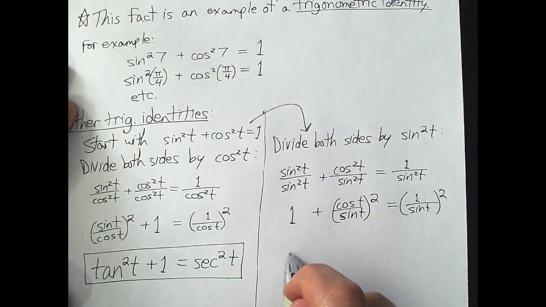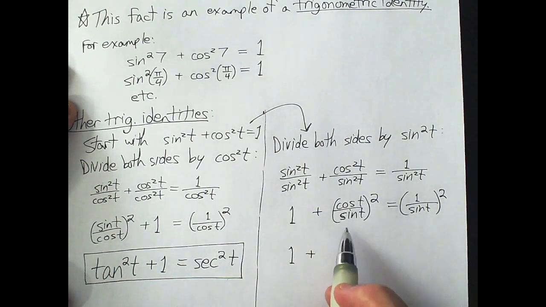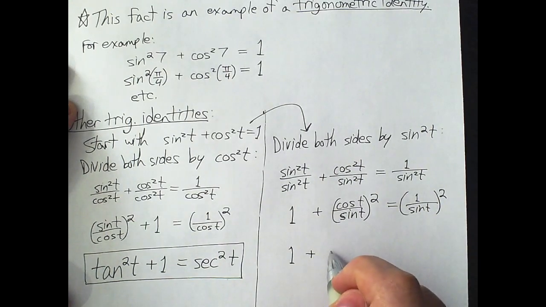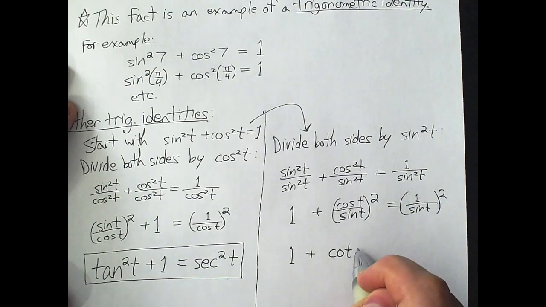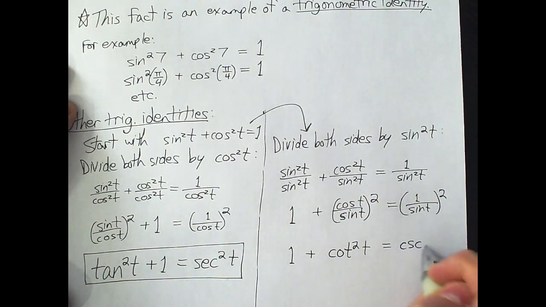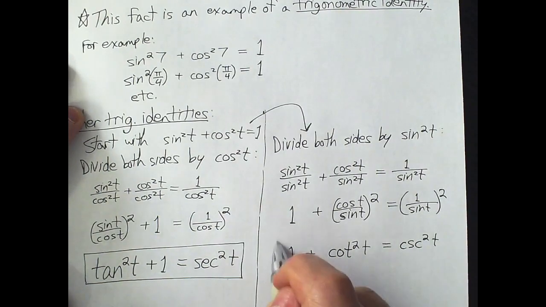The 1 is going to stay 1. Cosine of t over sine of t is cotangent. So this is cotangent squared of t, and 1 over sine is cosecant. So 1 over sine.